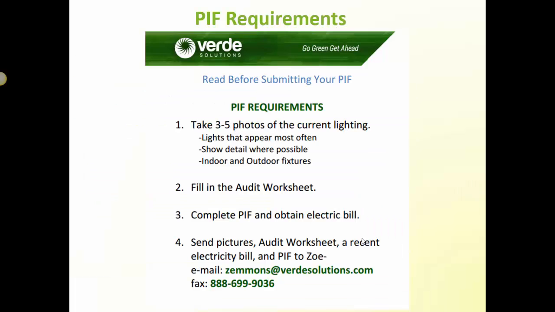For the PIF requirements, we ask you to take at least one photo of every different kind of fixture or light, and we'll go through what makes a good picture in a couple slides here. Fill in the audit worksheet. We don't need exact numbers. We don't need you to do our job for us. What we want is an idea: are we talking about 3 of these types of lights, 20, or 200?